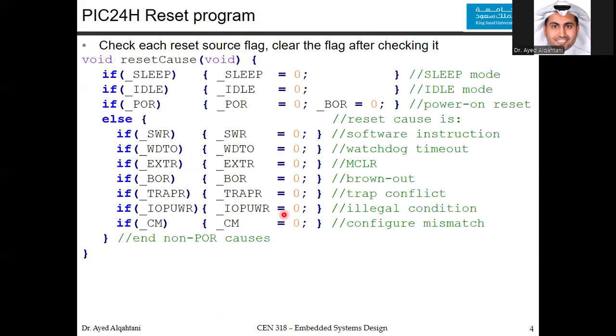Now, here is a simple code that tells you the flags. If any event happens that can cause a reset, there is a flag associated with it. Its value will change from 0 to 1.